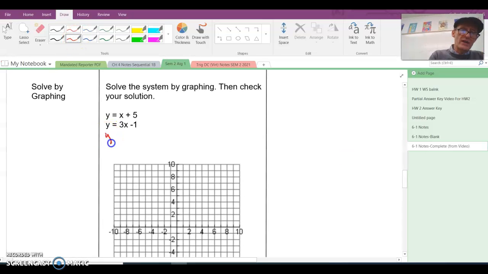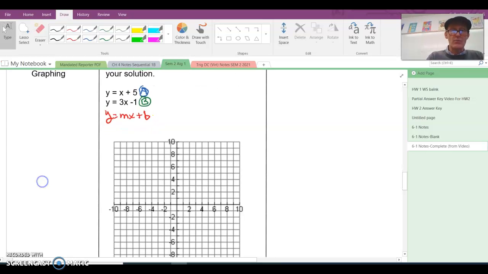We're going to use y equals mx plus b. This is going to be line A, and this is going to be line B. We got to keep them separate.